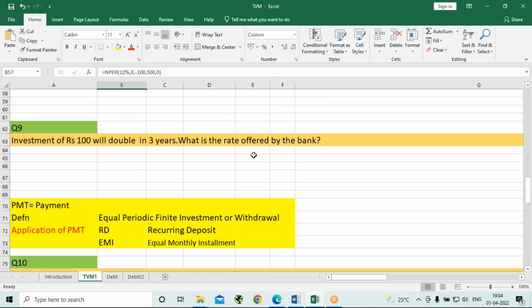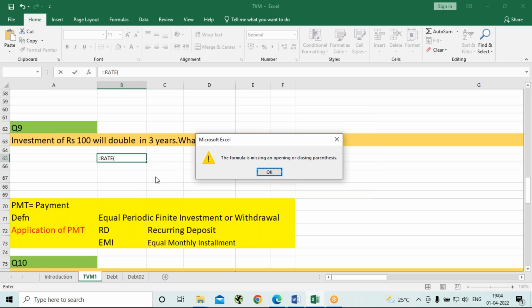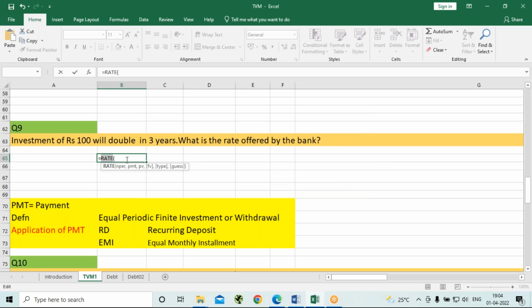Okay, so we will try this equals to rate. So it is 3 years, comma 0, comma minus 100, comma it is 200 because it is going to get double, comma 0, close the bracket.